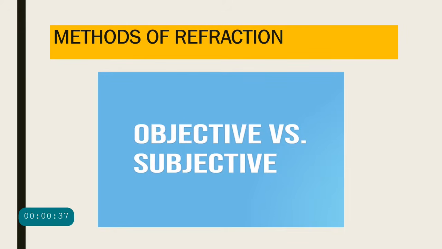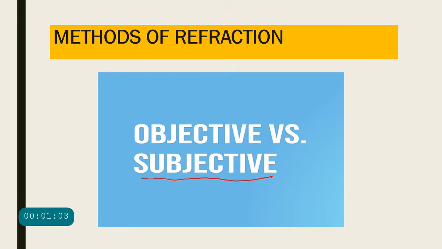First, you should know what the methods of refraction are. Under various methods of refraction, we have the objective ones and the subjective ones. The subjective methods of refraction are those in which the refraction depends upon the responses from the subject, that is our patient. The objective form of refraction is free from patient bias, that is, free from the patient's answers.